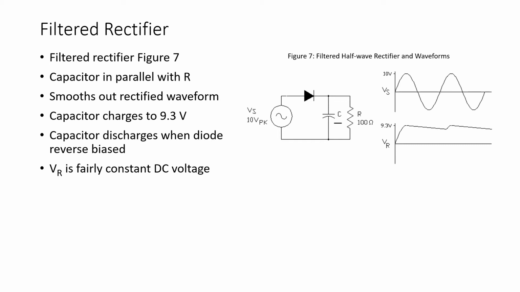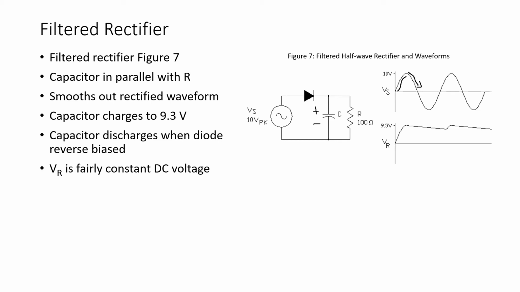Now what happens is, during this positive going portion of Vs right here, the capacitor will charge up to whatever that peak voltage is. So the capacitor charges up to 9.3 volts, positive to negative. Now, as the source voltage starts to decrease, the diode becomes reverse biased, because I have 9.3 volts on the capacitor.